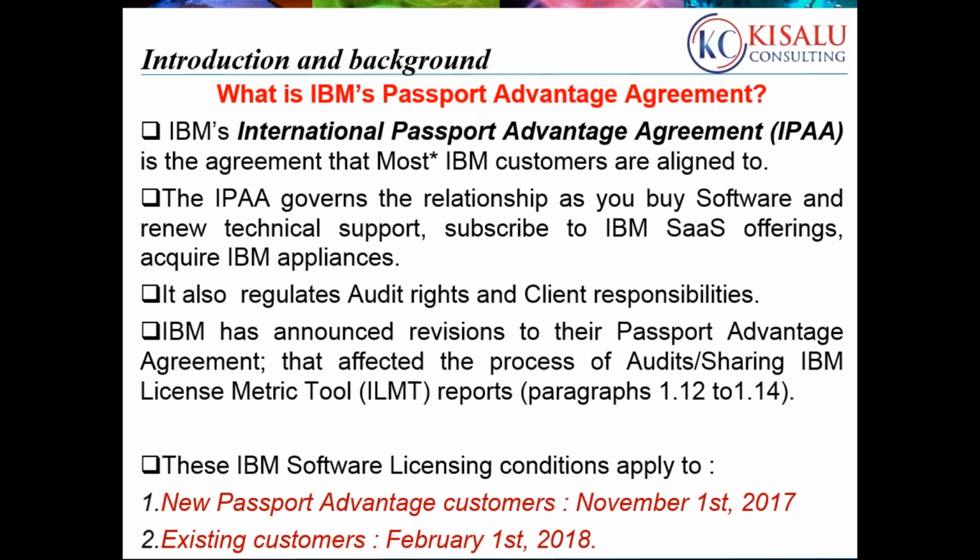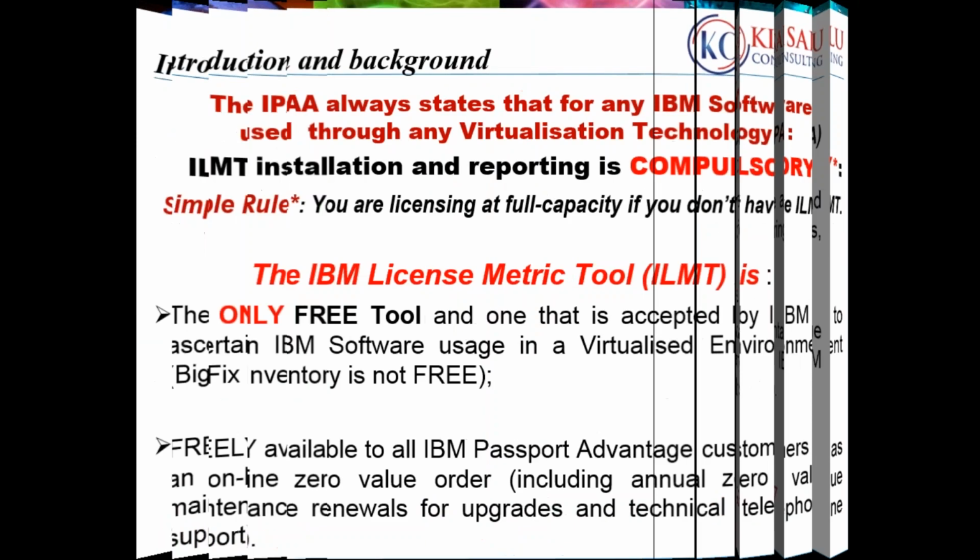And in that agreement, we're looking specifically at clauses 112, 113, and 114. These changes apply to new customers from 1st of November, and existing customers from 1st of February 2018.